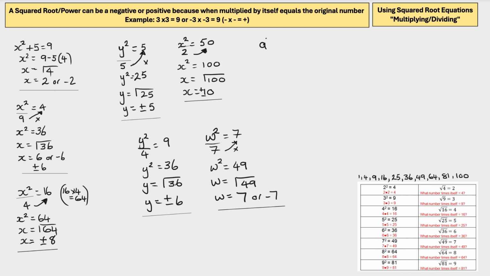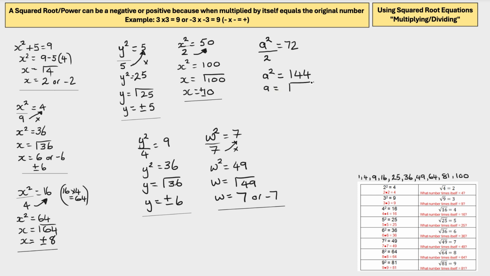a squared equals 72 all over 2. a squared equals 2 times 72, which is 144. We need to get rid of that square.